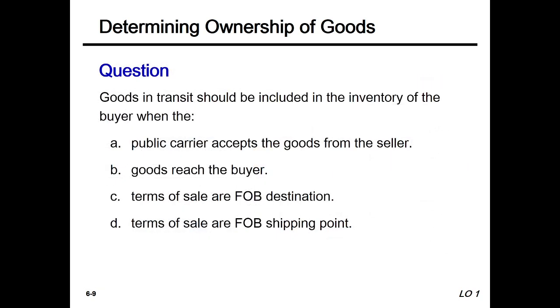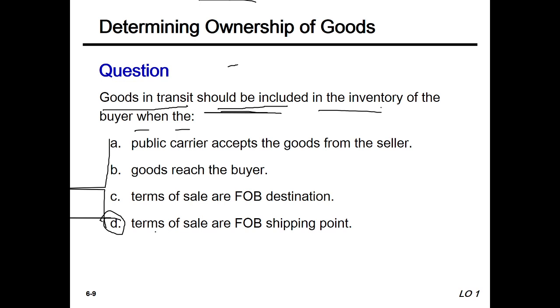Now next slide. Determining ownership of goods. Very important question. Please look here. Goods in transit should be included in the inventory of the buyer when, here we have four options, so this point will be the accurate answer.